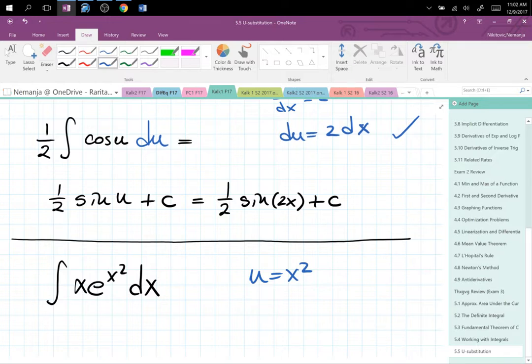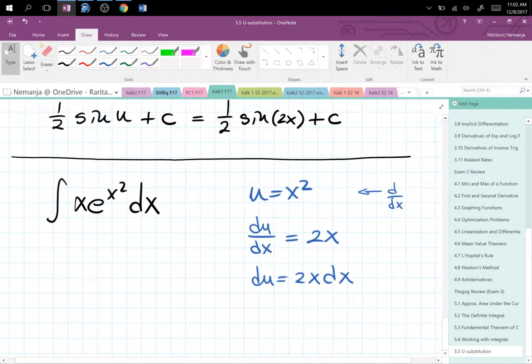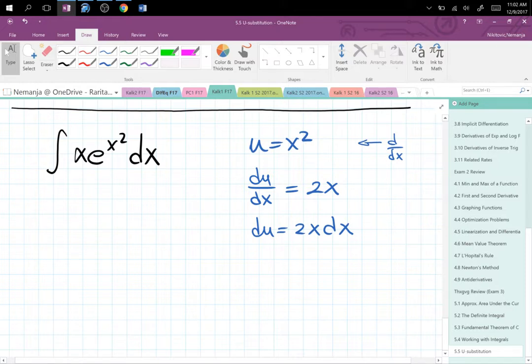And then the derivative, with respect to x, is du/dx equal to 2x. And then we say that du is equal to 2x dx. When you move dx to the other side, you're creating essentially a differential, which we covered. So now, let's compare what we have and what we need.